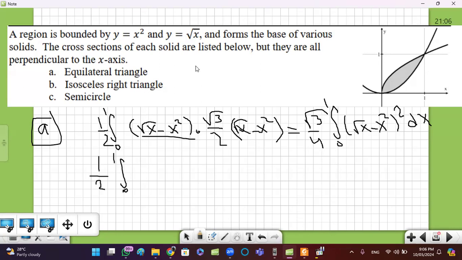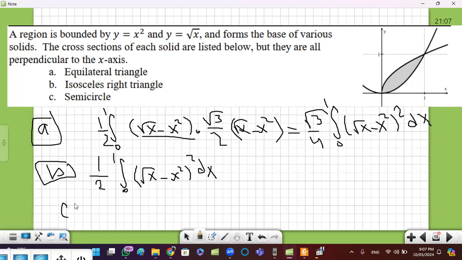Ya shabab, someone tell me what is x squared here? What is the side? Radical x minus x squared. Great. Power 2 dx. So this is the second, number B.